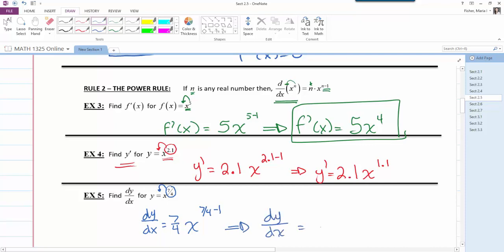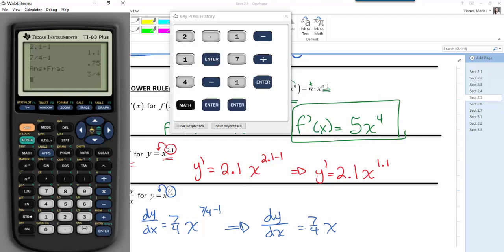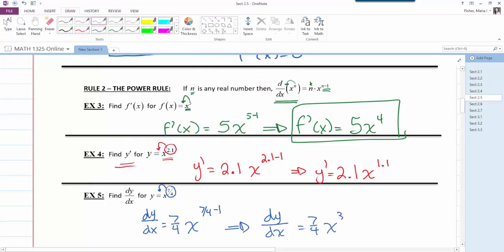So 7 divided by 4 minus 1, and let's make this into a fraction. I'm going to hit math and then enter twice. 3/4. So if y is equal to x to the 7/4, the derivative of y with respect to x, or dy dx, is equal to 7/4 x to the 3/4.